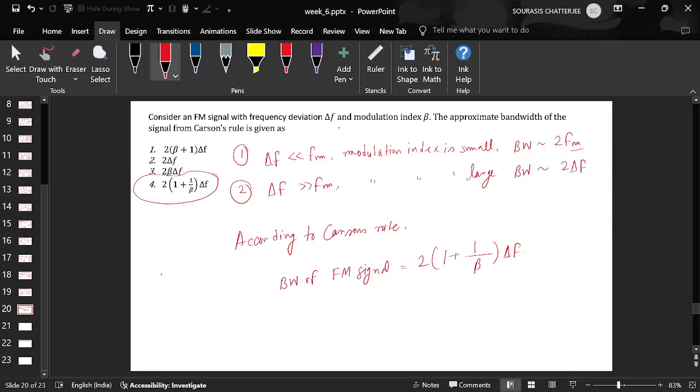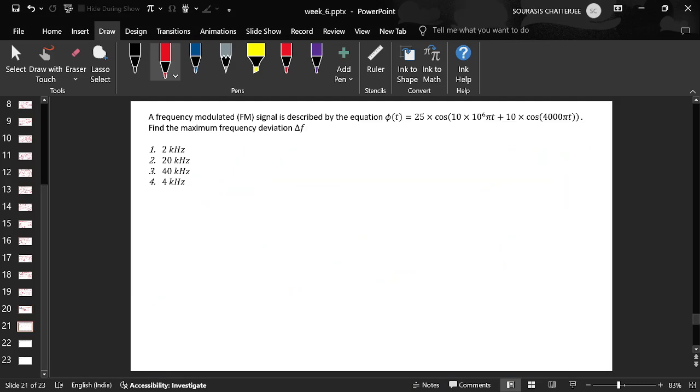Let us see our next question. It basically asks: the frequency modulated signal is described by this equation. What should be the maximum frequency deviation? So let us write down the expression here. Our phi(t) is given as 25 cos(10 into 10 to the power 6 pi t + 10 cos 4000 pi t).